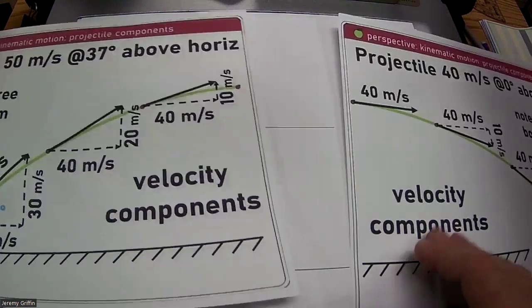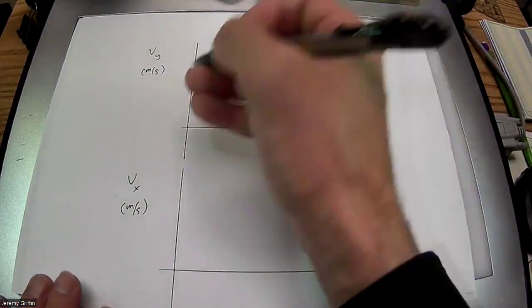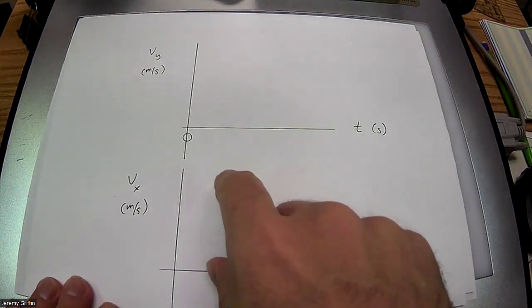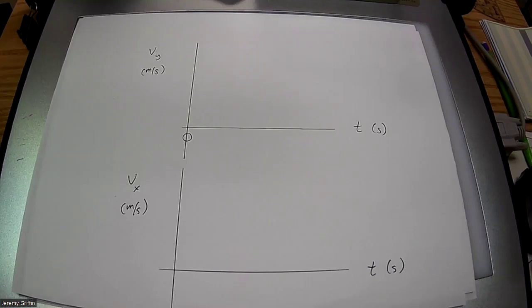Now at time 0, did I specify up was positive? Let's call up positive.